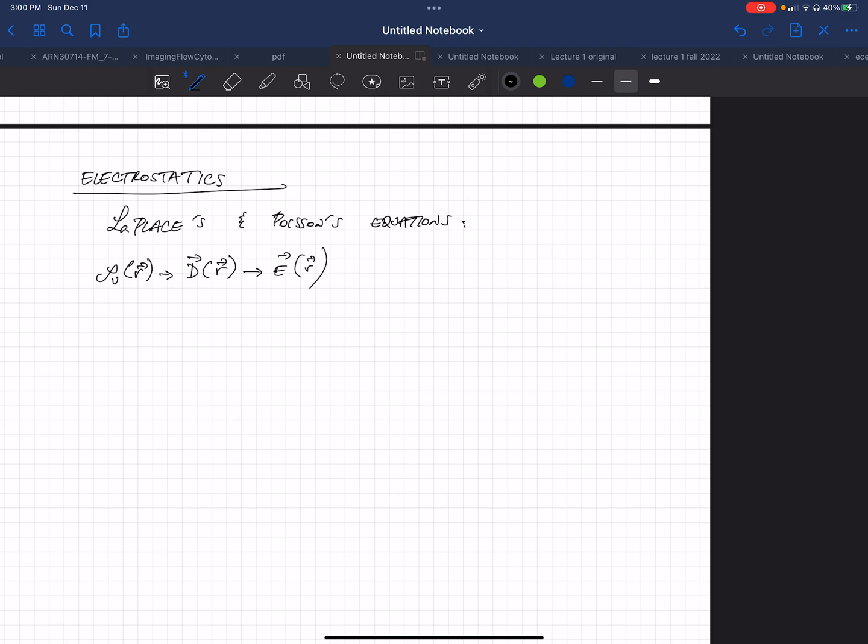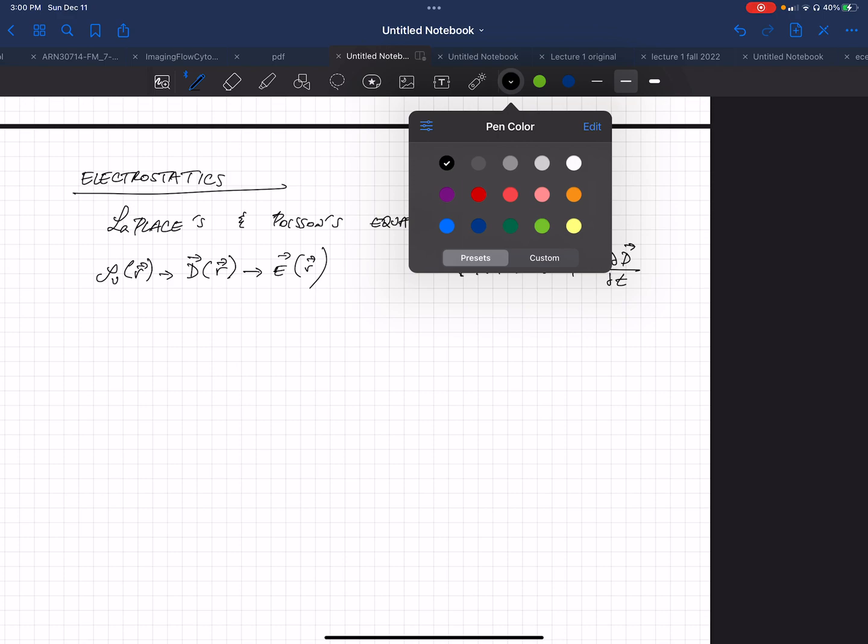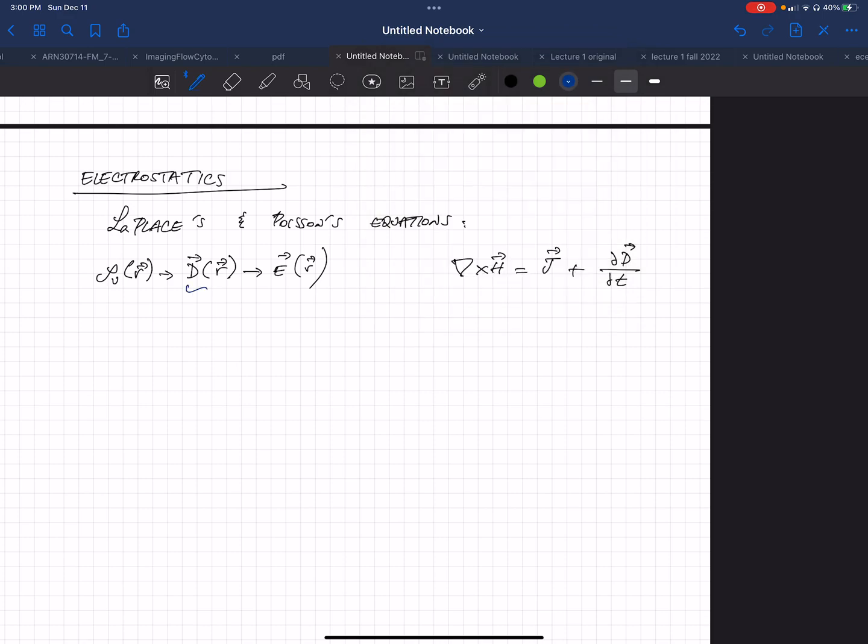Now, if we look at the magnetic part of things, from Maxwell's equations we have del cross H is equal to the current density plus the change in the electric flux. But we're claiming that this is static, so it's not a function of time in these particular problems, for electrostatic problems.